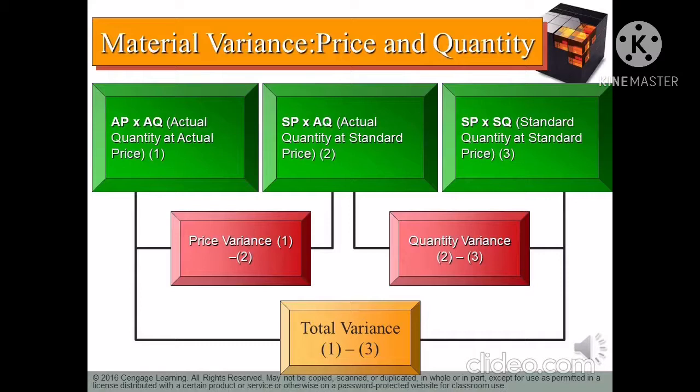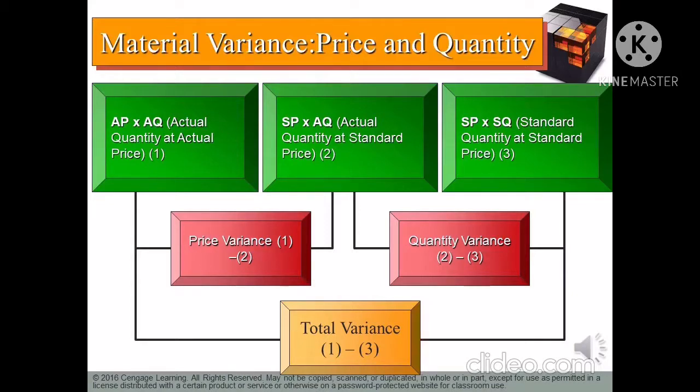For table form, you have to find each of these green boxes so that they can lead you to the answer for price variance, quantity variance, and total variance. As we can see, for price variance, you get it from actual price times actual quantity minus standard price times actual quantity.